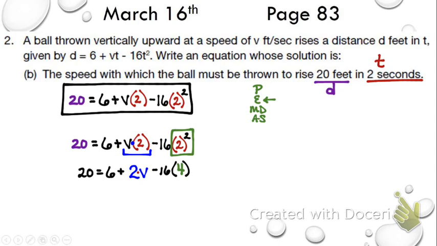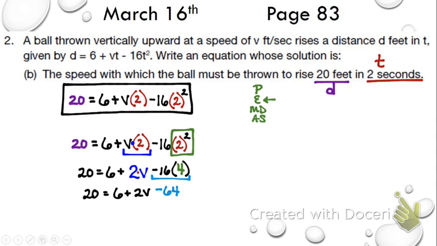Order doesn't matter when I'm multiplying. Can I simplify this any more than that? I can multiply negative 16 by 4. What do you get when you multiply negative 16 by 4? Negative 64. Okay, so I have 20 equals 6 plus 2v minus 64.